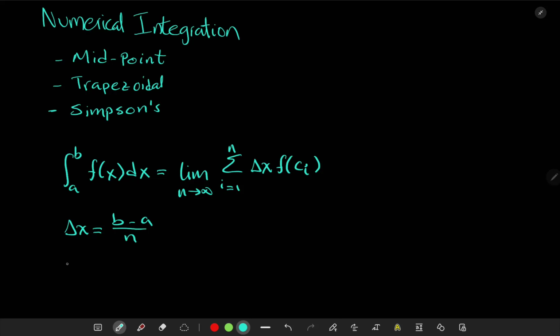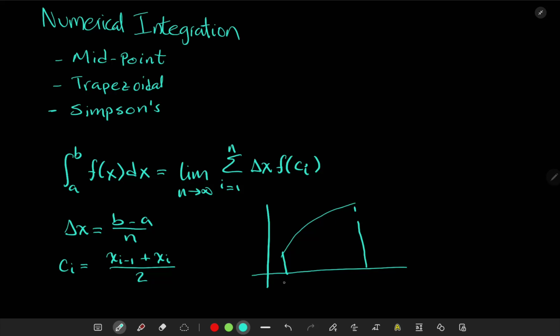And then what c sub i is going to be is just the arithmetic mean between x sub i minus 1 and x sub i. So I'm going to draw a picture as to what that means. Basically, if you have your area here that you want to compute, you're going to separate it.